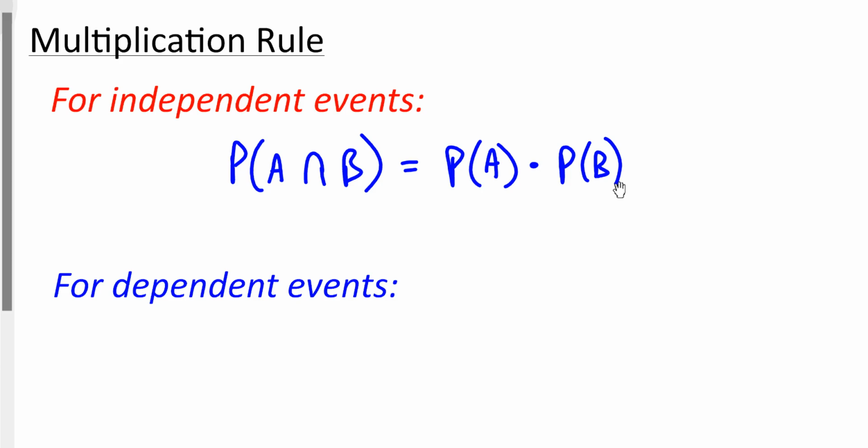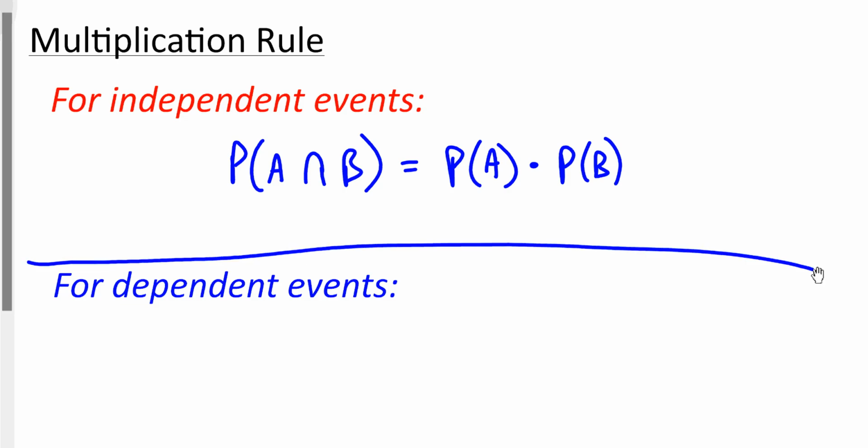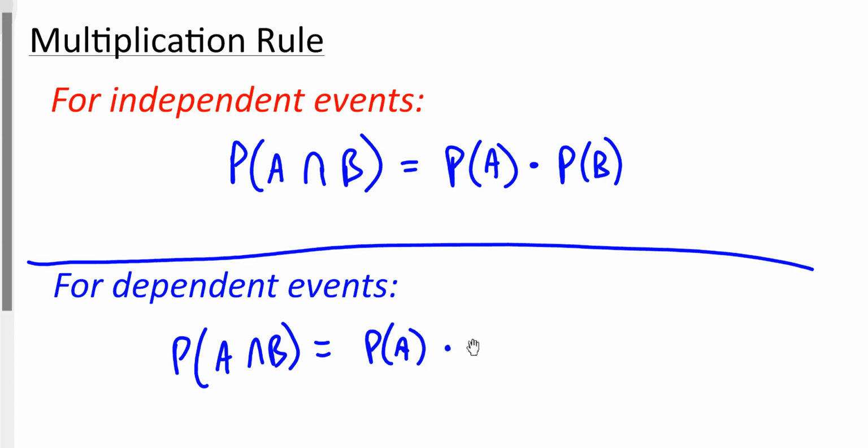But when it changes is when we have dependent events. Okay? So for dependent events, the probability of A and B happening is equal to the probability of A times the probability of B given that A already happened.